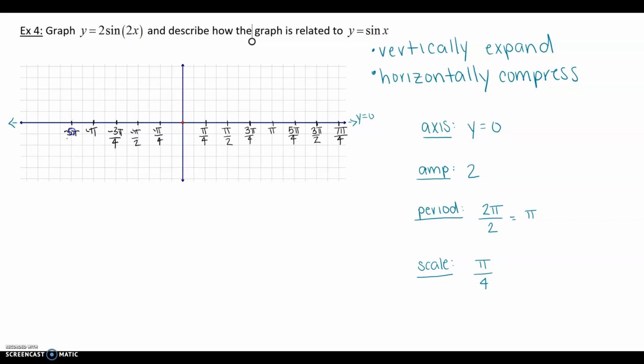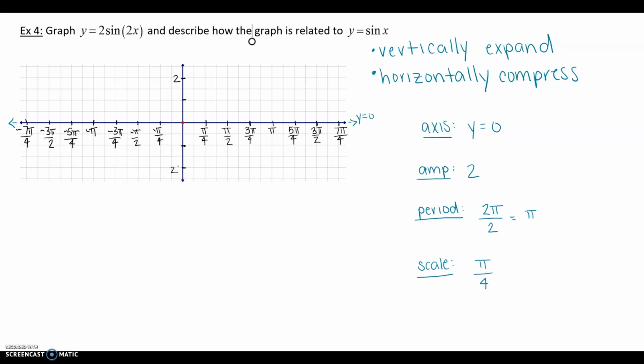The Surface Pen sometimes is really awesome, and then sometimes not so much. Okay, and all that's left now are my y values. So amplitude is 2, so we need to make sure we are going to 2.